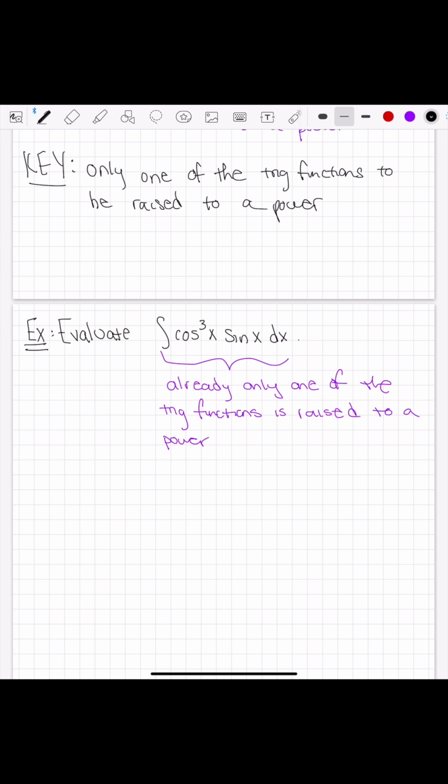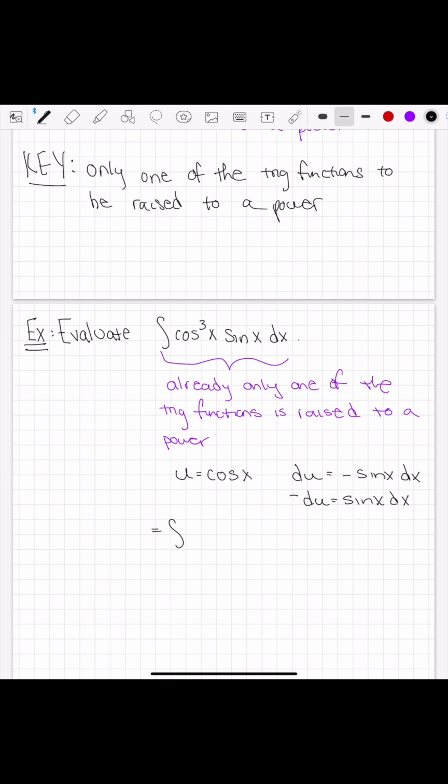What technique would we use? We know the derivative of cosine is negative sine, so we can use a u-substitution with u as cosine x, and then du is negative sine x dx. So negative du is sine x dx.